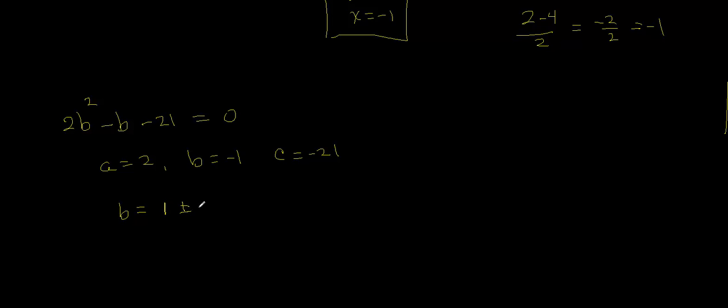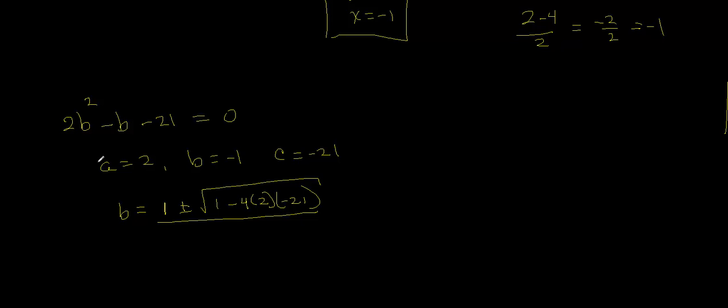Again, don't get it confused with the variable we're using. B squared is going to be 1 minus 4ac. A here is 2, so 4 times 2. C is negative 21, and then divide everything by 2a. In this case, it is 2 times 2, which is 4.